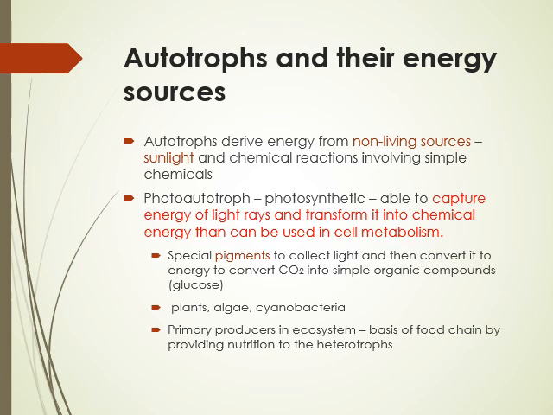So they are the primary producers in the ecosystem. They are the source of food for the other organisms. So they are the basis of the food chain by providing nutrition to the heterotrophs. Okay, so these organisms, photosynthesizers or photoautotrophs, they are very important in the microbial community.